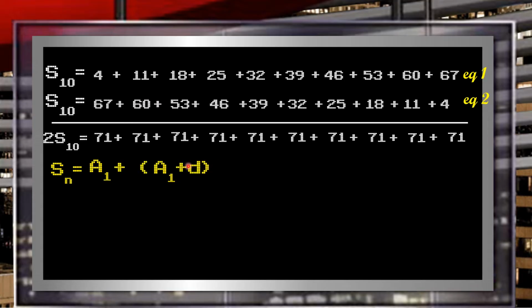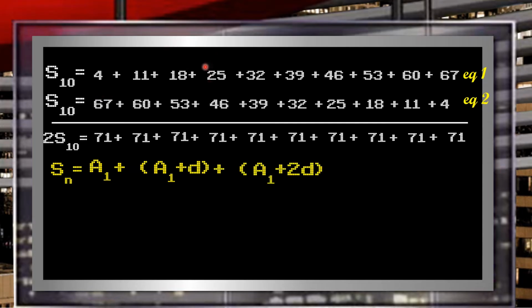Ayan. How about 18? How do we get 18 from 4? Diba ang 18 is 4 plus 7 plus 7? So, ilang D yun? Or common difference yun? Dalawa. So, therefore, to get 18, we have the first term, which is 4, plus dalawang common difference, or A sub 1 plus 2D.